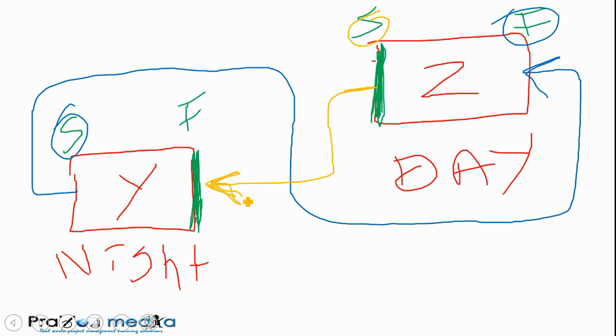If we say start to finish between Y and Z, usually they mean Y must start before Z can finish, the blue one. If someone says a start to finish relationship between Z and Y, then they mean Z must start before Y can finish, which is the orange one.